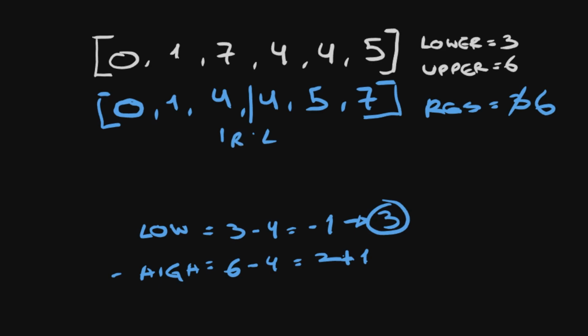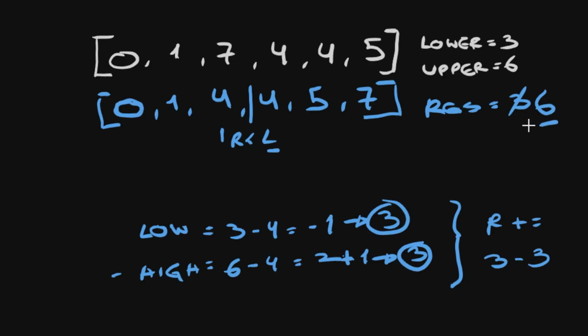Now right is smaller than left, so we return index at left. High is now 3, and this means we need to add to the result 3 minus 3. So this is still a 6.